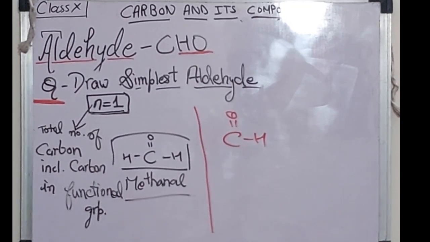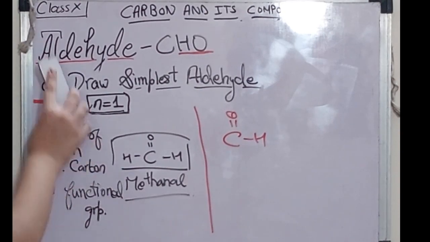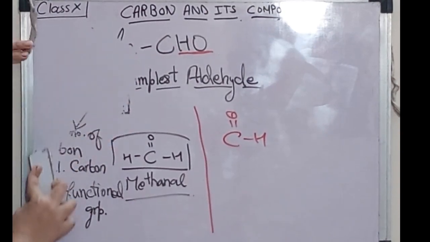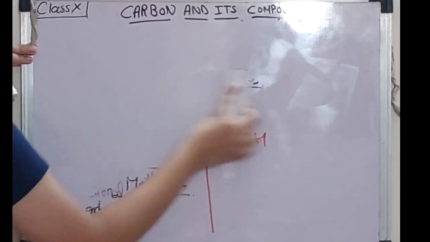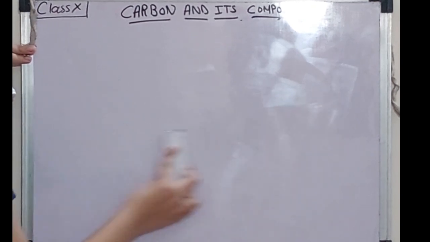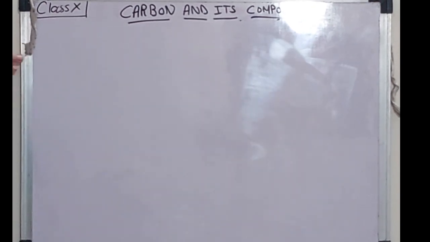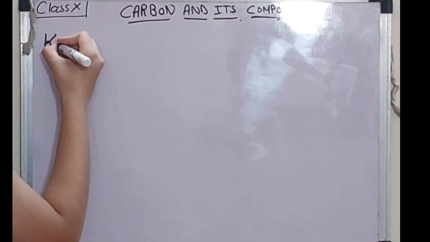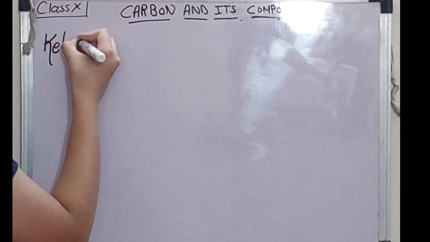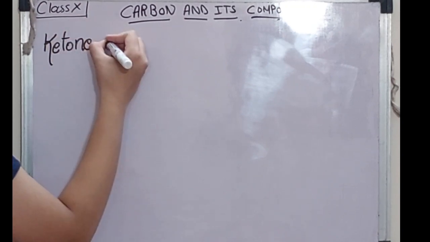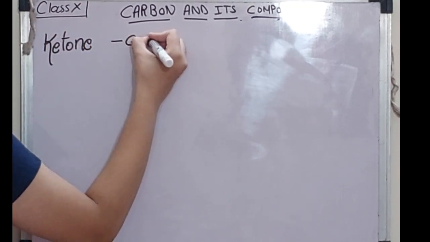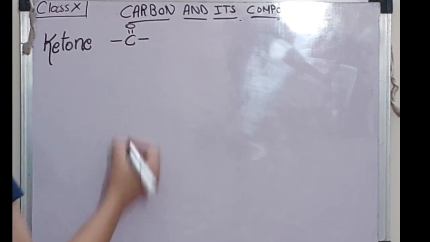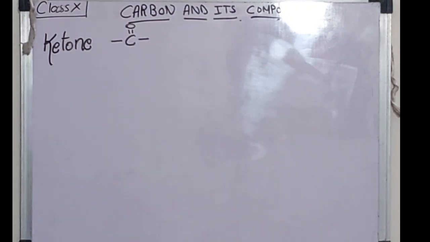So we are done with aldehyde. Now we'll start with the second functional group. Let me rub it. Okay. The second functional group is ketone. This is your ketone.